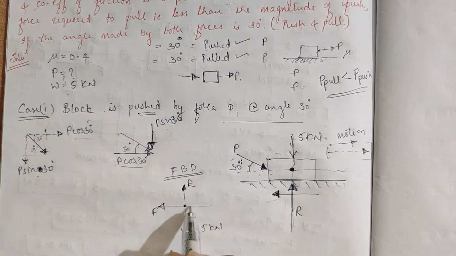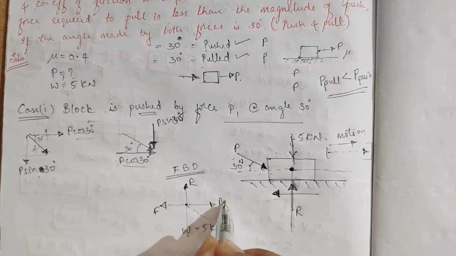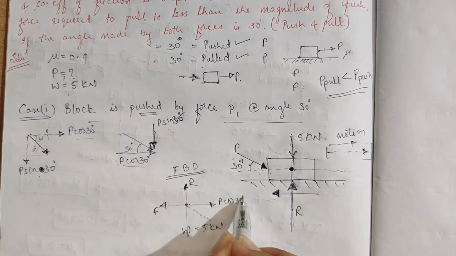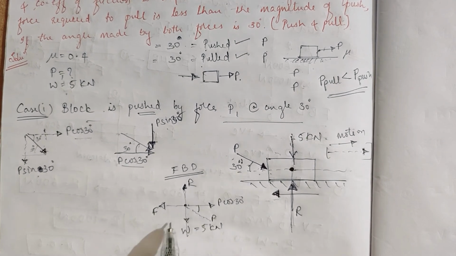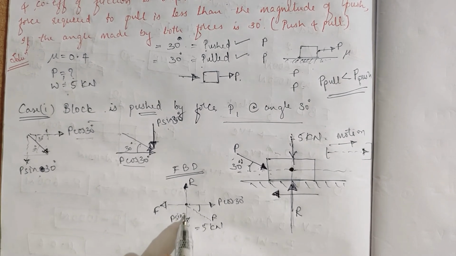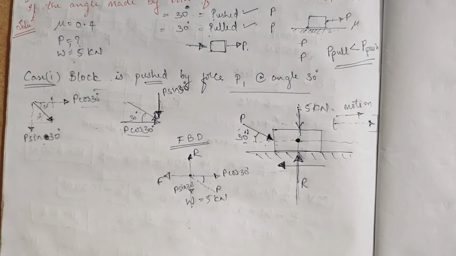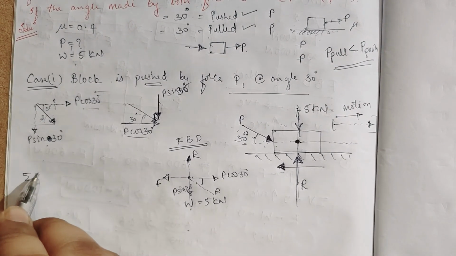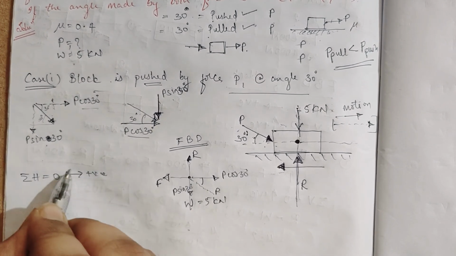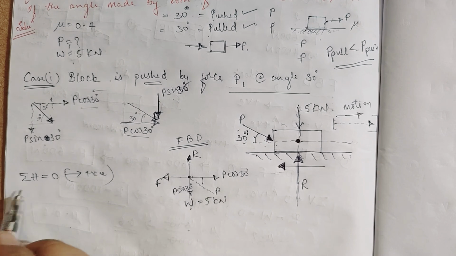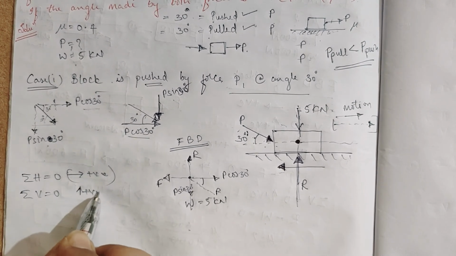This is P cos 30-degree, this is P, and here P sin 30-degree, along with the weight. Now I'll resolve it: the summation of all horizontal forces equals 0, taking left to right as positive, and the summation of all vertical forces equals 0, taking upward as positive.